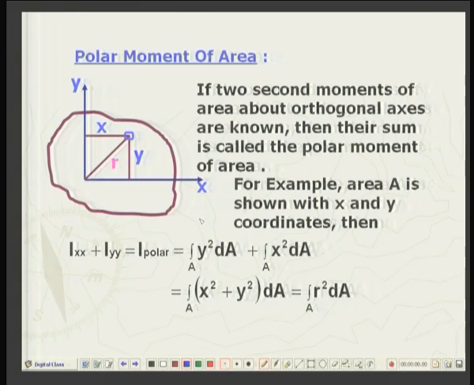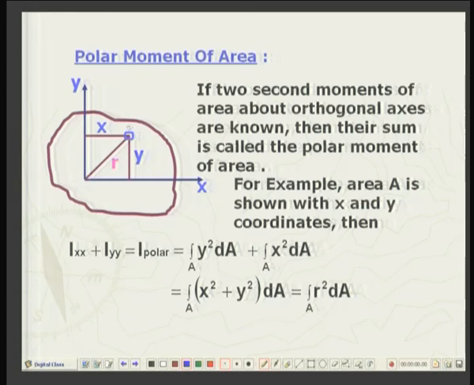One last thing, polar moment of area, that is, if you add up the I xx and I yy, then we get I polar, that is the polar moment of area, and by definition of I xx and I yy, you will have y square dA integral plus x square dA integral. When you add up x square plus y square dA, this becomes r square dA integral. What is r?